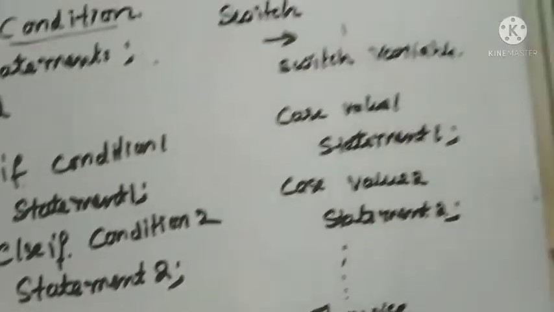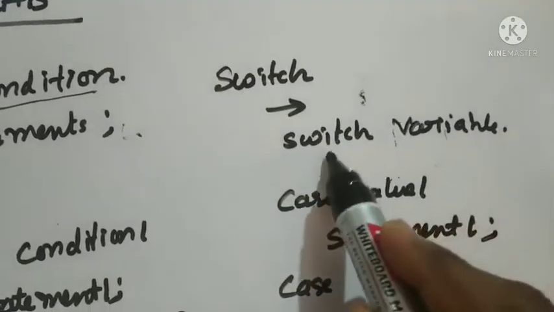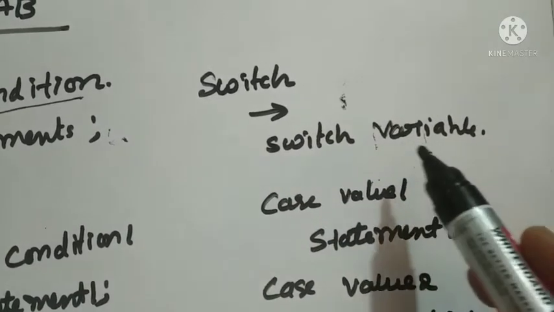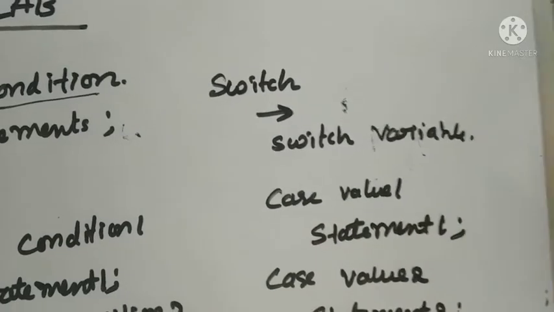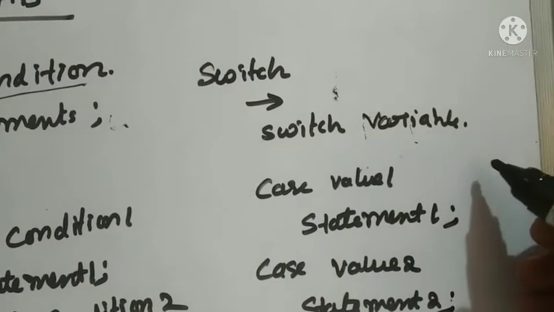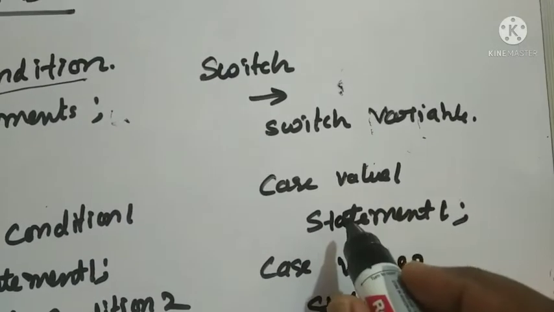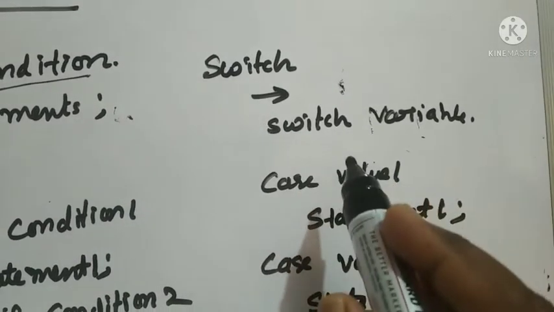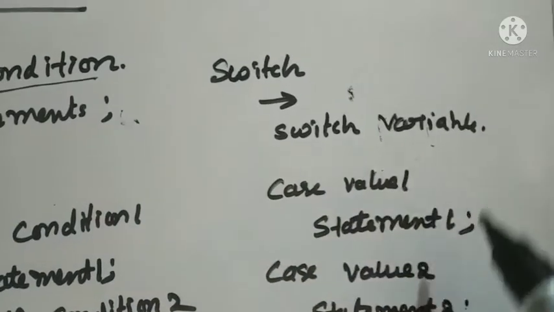Next we have to go for switch. Switch is also a condition. Here we have a switch and then a variable. Depending upon the value of the variable, the statement will execute. If the value of the variable is value 1, then this statement executes. Switch is similar to if, but the syntax is different.